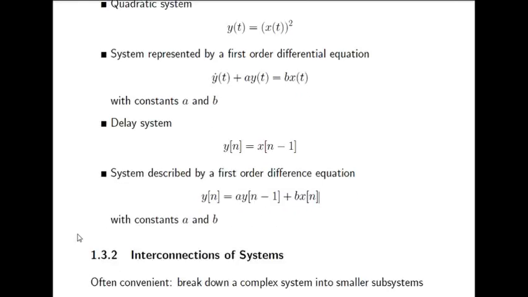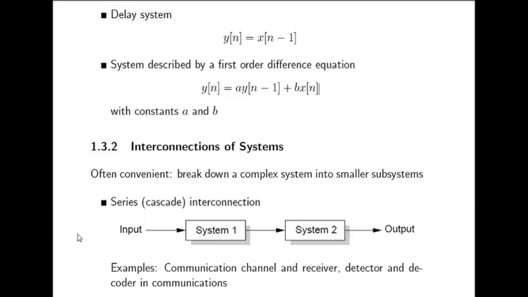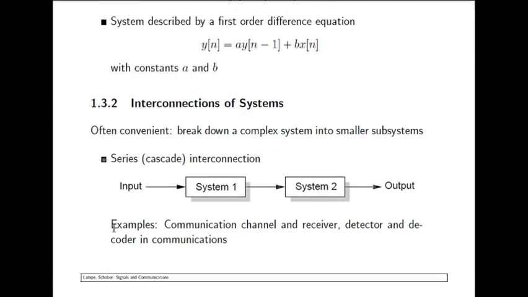Now let's move forward to the interconnection of systems. We can divide a complex system into small parts to easily understand it. If an input is passed to system 1, then through system 2, and then we get the output, it is called series or cascade interconnection.